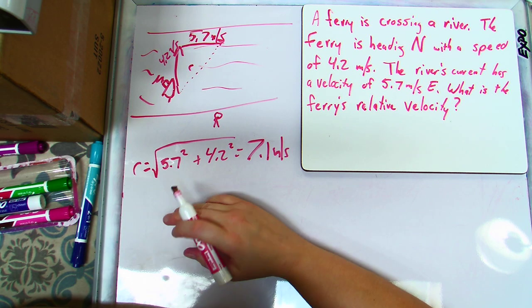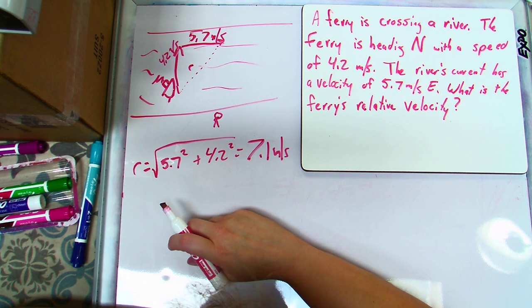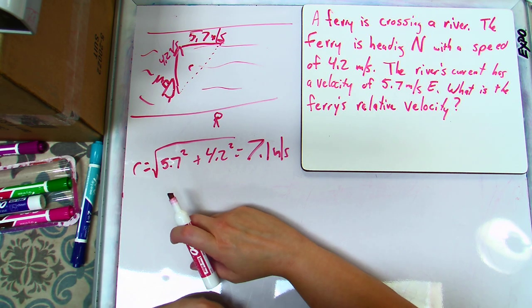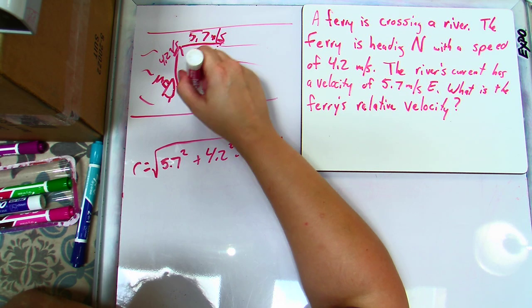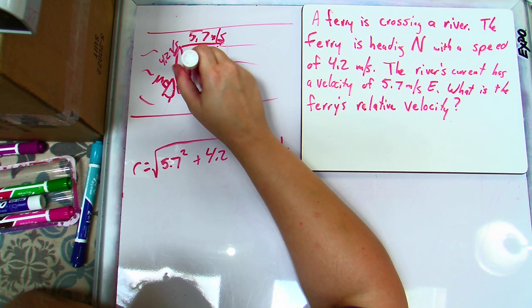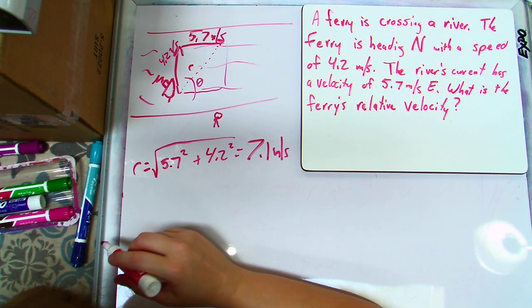And since that is velocity, that is a vector, we need a direction. So we can figure out our theta.